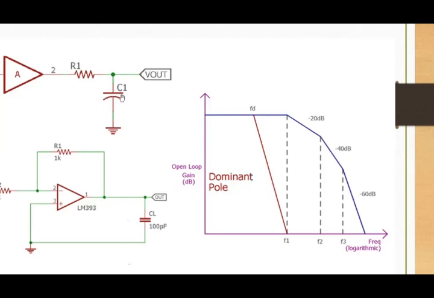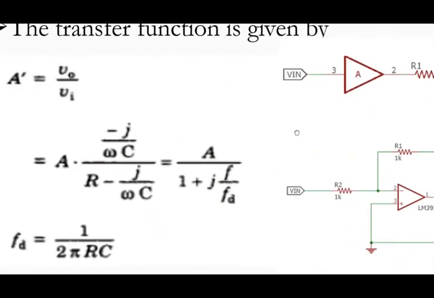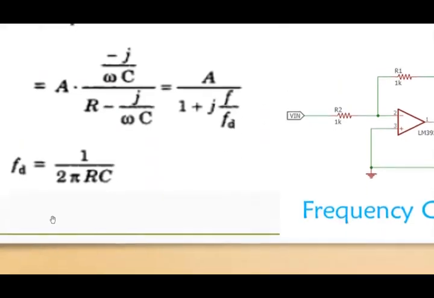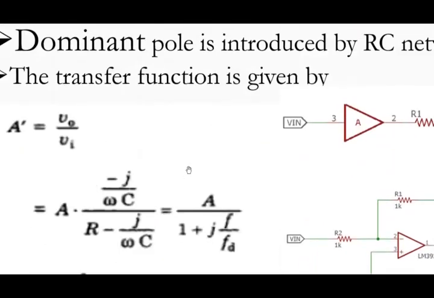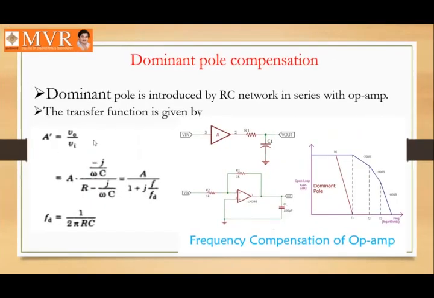So what happens by adding these two R and C components, we will see. Here you can observe from this, A dash will be the gain of this circuit, which means the gain along with this RC component also.